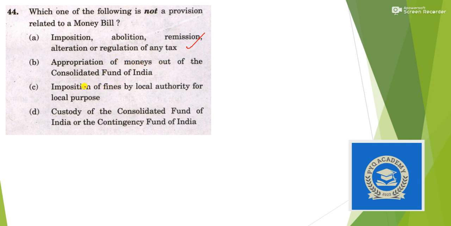In option C, imposition of fines by local authority for local purpose. This is a wrong option, because a local authority means panchayats and municipalities, which is not under the control of parliament or state legislature money bill. So this will be the answer. Otherwise all these options are correct.